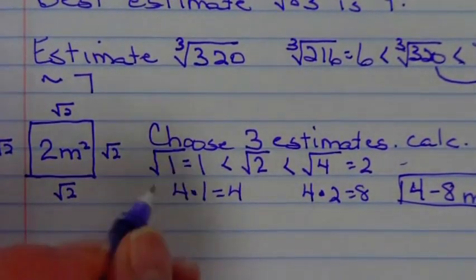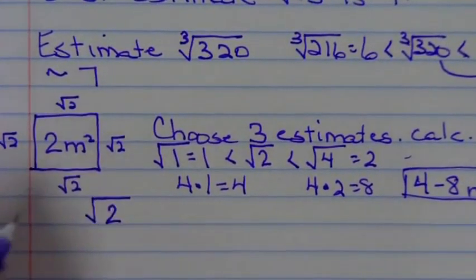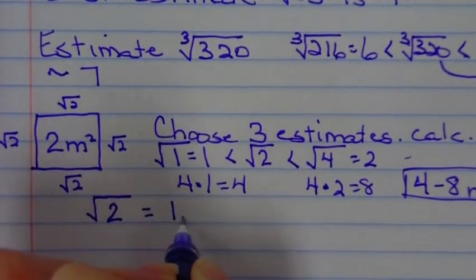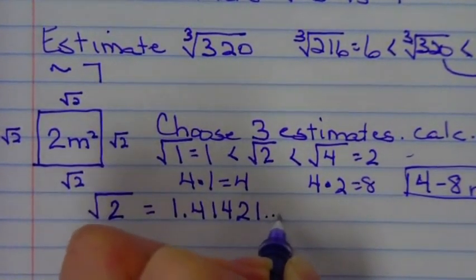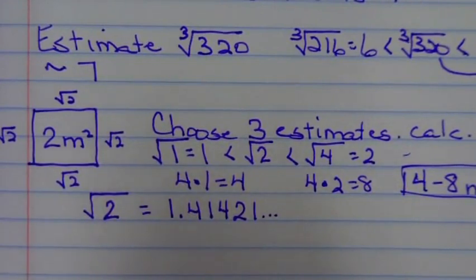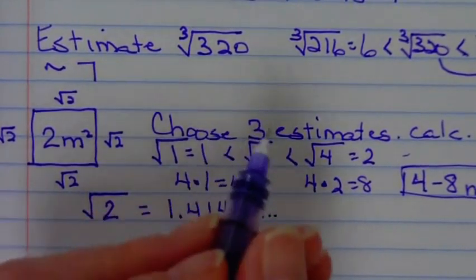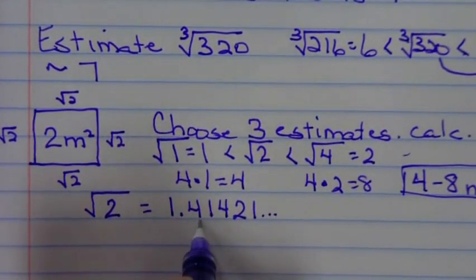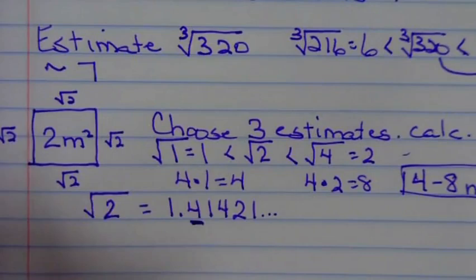So let's take our calculators and calculate the square root of 2. When you do that on a calculator, you're going to get 1.41421 and more numbers. The square root of 2 is a number that is a non-repeating, non-terminating decimal. So that makes it one of our irrational numbers. For this next one, let's round to the tenth.